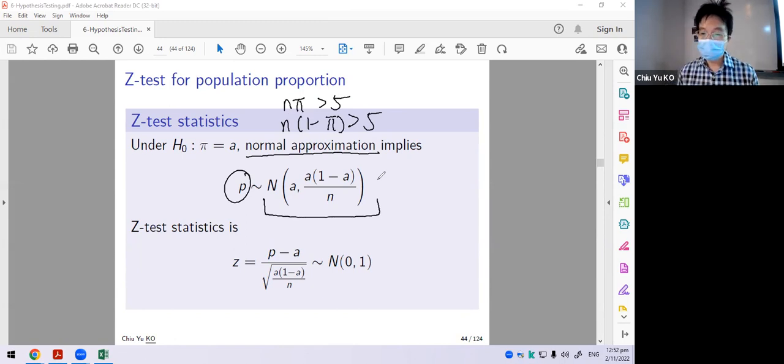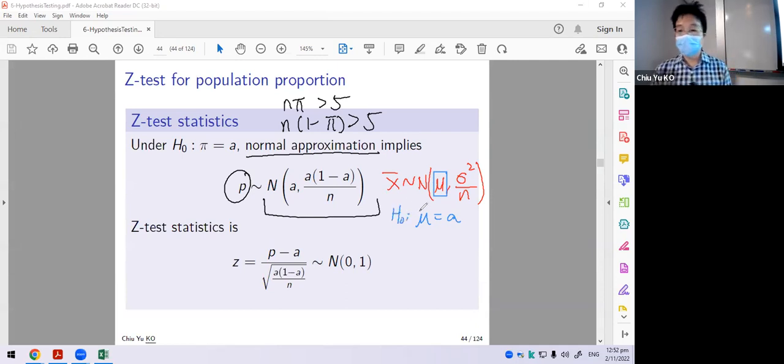So the only difference you can see here compared to this case, if you recall, in the normal case, we make an assumption on mu. We say mu equal to a as your H naught, right? And making an assumption on mu has no impact on sigma square, because mu and sigma square are disconnected in the general case.